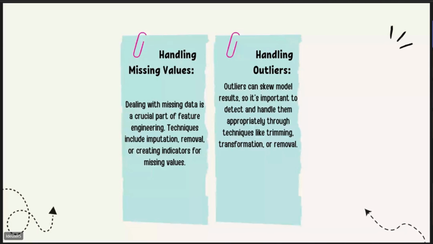And handling missing values. So again, when you talk about features, some features will have some missing values. Missing values, someone would have forgotten to enter a value, or by mistake it got deleted, and therefore there is no value for a particular row of data.